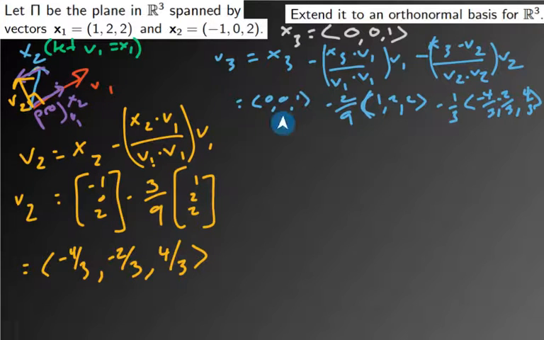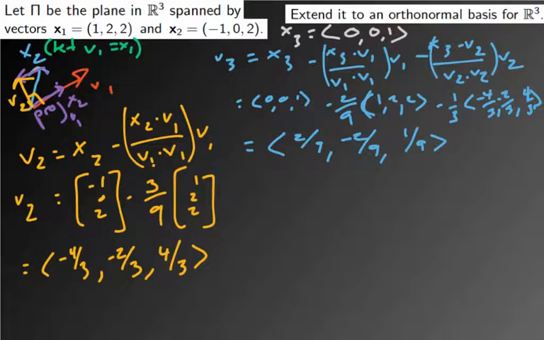Either way, you add all this up. I use a calculator for a lot of this stuff. I get 2/9, negative 2/9, and a 9th. And it's always good when you're doing Gram-Schmidt to check that all your dot products actually give you 0.